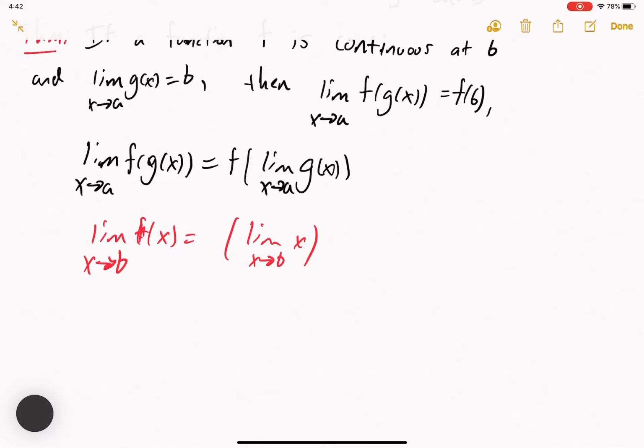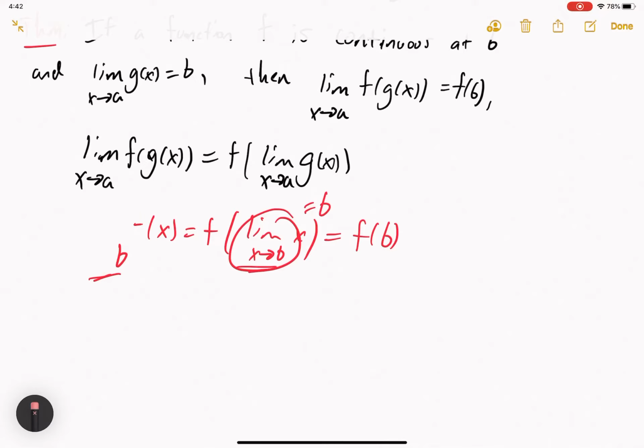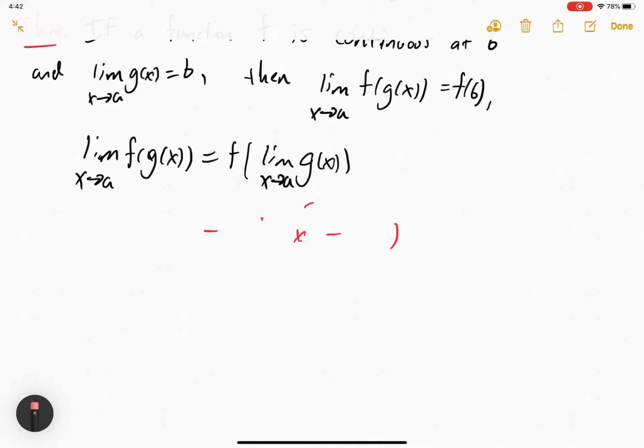Let me just write this nicer. So that's another way of seeing how continuity is defined. Basically, we can take the limit, put it inside the function, and then just plug it in. Because this right here would just be f of b, because this right here would just equal b. And that's just one of the limit laws. Well, that's just a little fun fact for you guys. It doesn't matter so much.